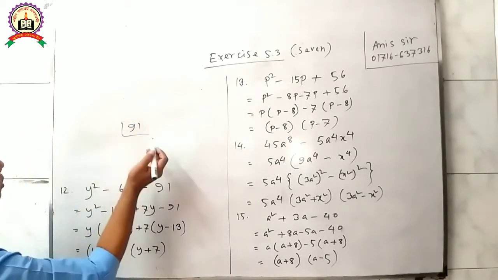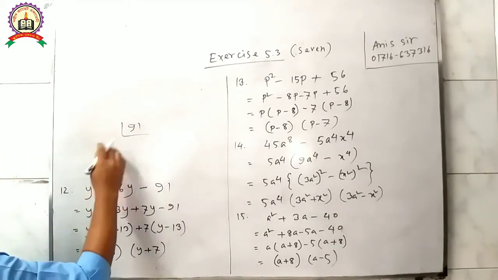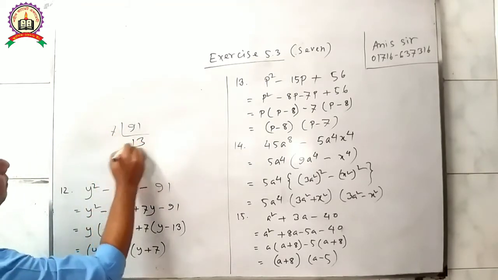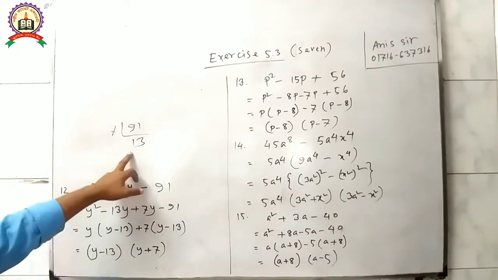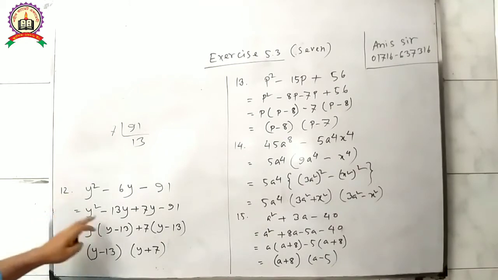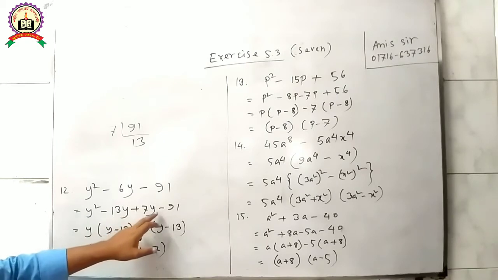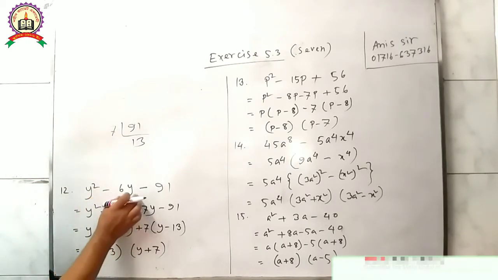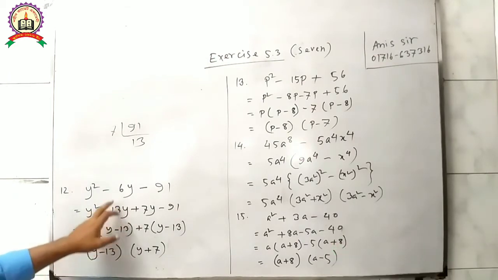The factors of 91 are 7 into 13. These are two factors. So y square minus 13y plus 7y, then we get minus 6y.